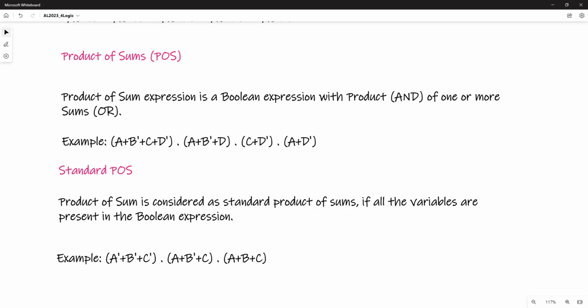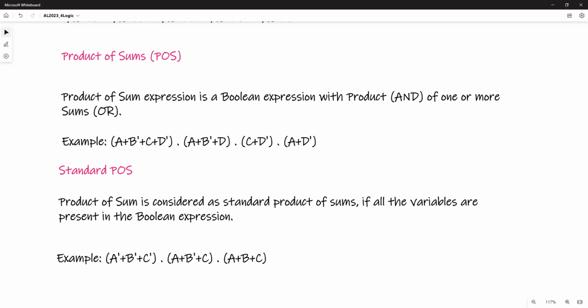The idea we are going to discuss here is how we can come up with the sum of products and product of sums from a truth table.